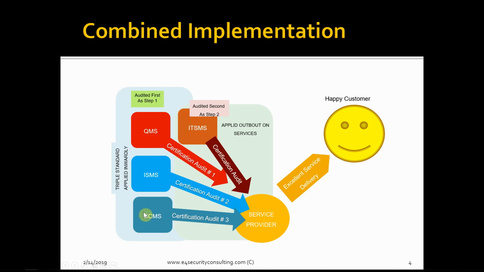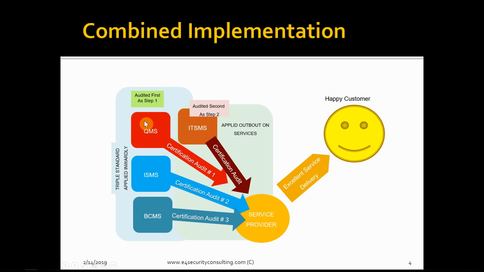You have to have business continuity built into it. That way, your quality becomes secure. Your quality becomes business continuity aware. So when I'm writing a quality process, I have security in my mind, and at the same time, I have business continuity in my mind as well.